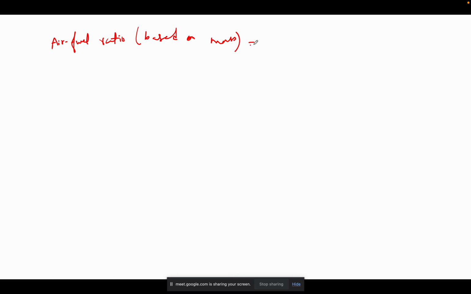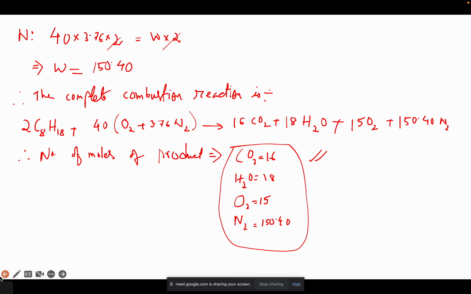Okay, it is nothing but the ratio of the mass of air divided by mass of fuel. Okay. So what is the mass of the air? This is the air part, so you have to just calculate the mass of this air.